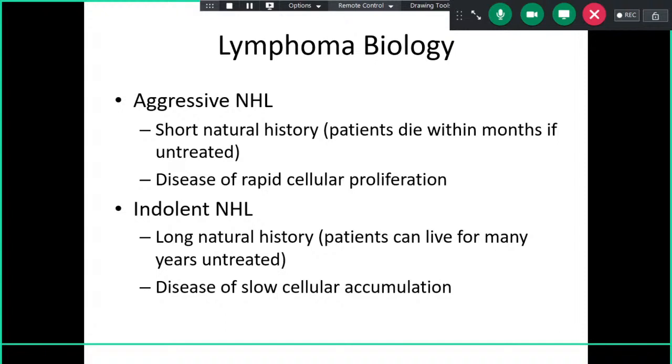A patient will come complaining of a mass for the last 1 year or 2 years, slowly progressing. They will come when there is obstruction or some disease related symptoms. But for aggressive lymphomas, if the patient is saying it is only a 1 month or 2 month history, it is very unlikely to be an indolent lymphoma.